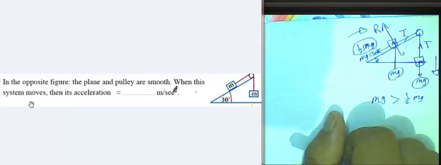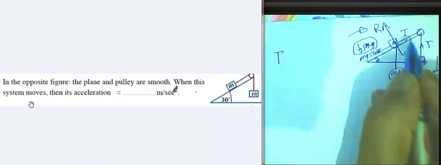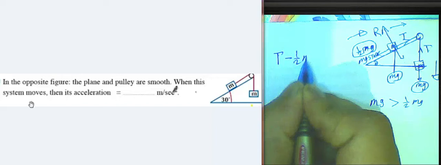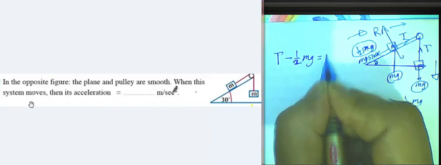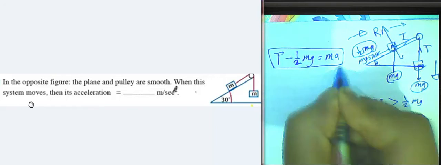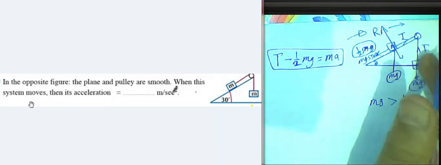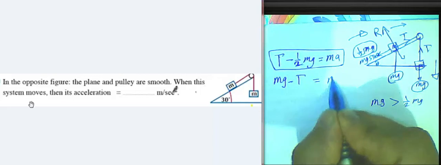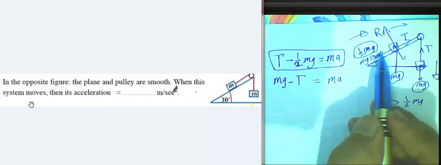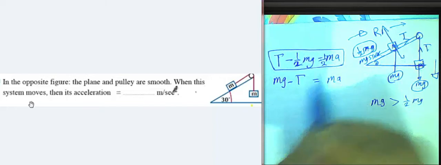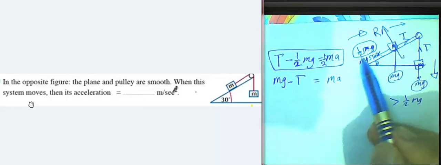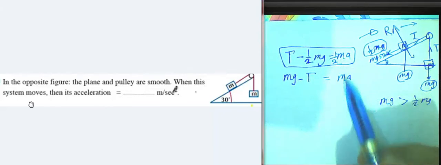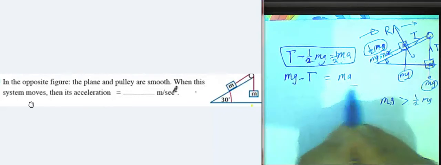When the system moves, we will find, right, the first equation: T, because the direction is up here, T subtract half of mg equal ma. And the equation about here: mg subtract T will be equal ma. Okay, look at here, this weight was half m. Again, T subtract half mg equal half ma. The weight multiplied by a, acceleration. We want to find acceleration, so we must add the two equations.